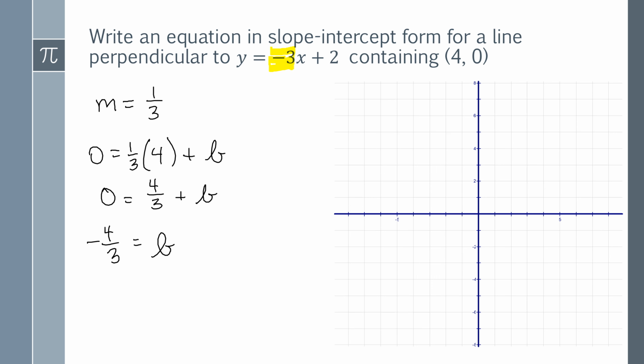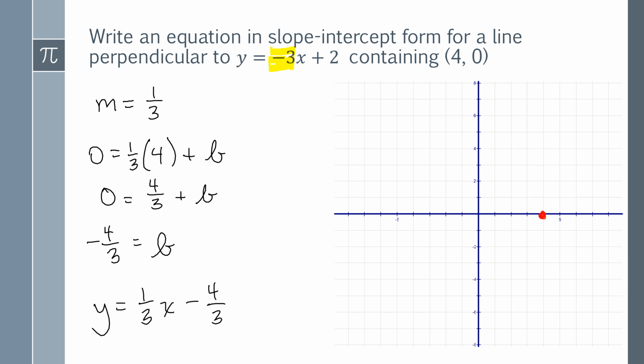So my equation is now y is equal to 1/3 x minus 4/3. Well, graphing the y-intercept of negative 4/3, again, we want to think this through. So we're going to go with 4, 0. So I'm going to go over here to 4, 1, 2, 3, 4, up 0.